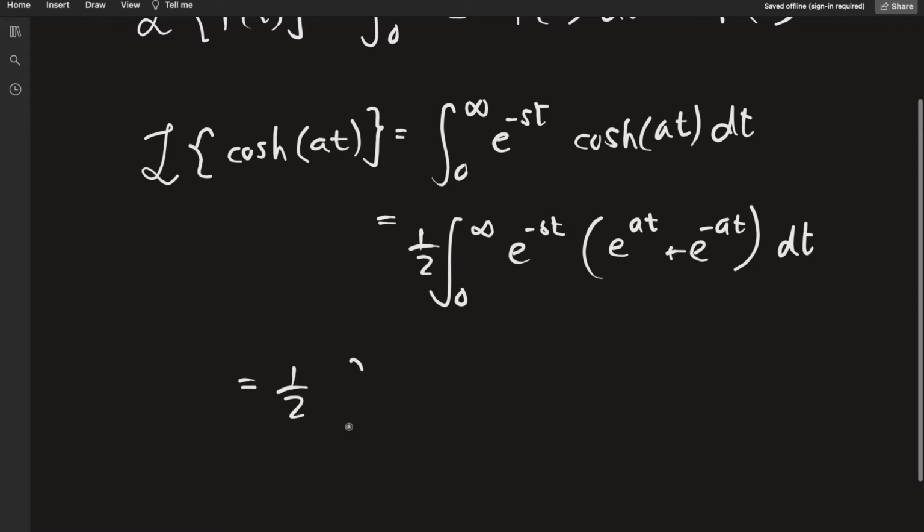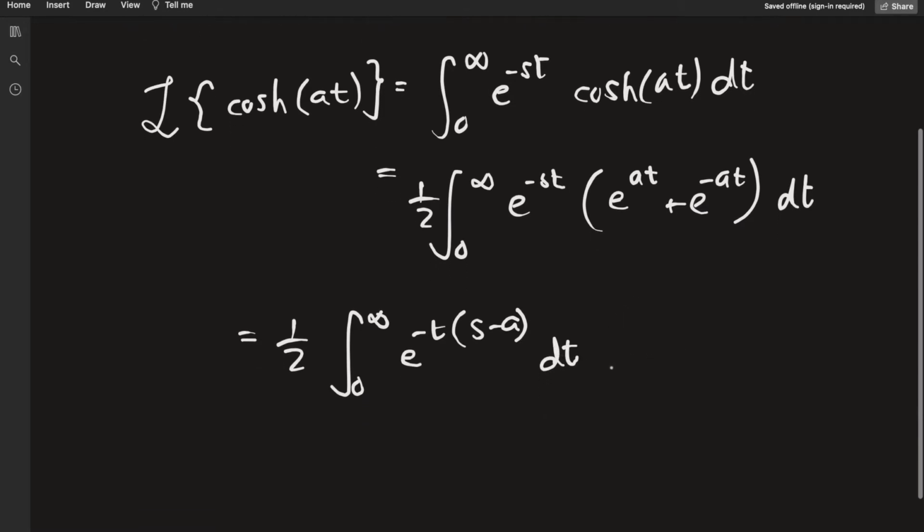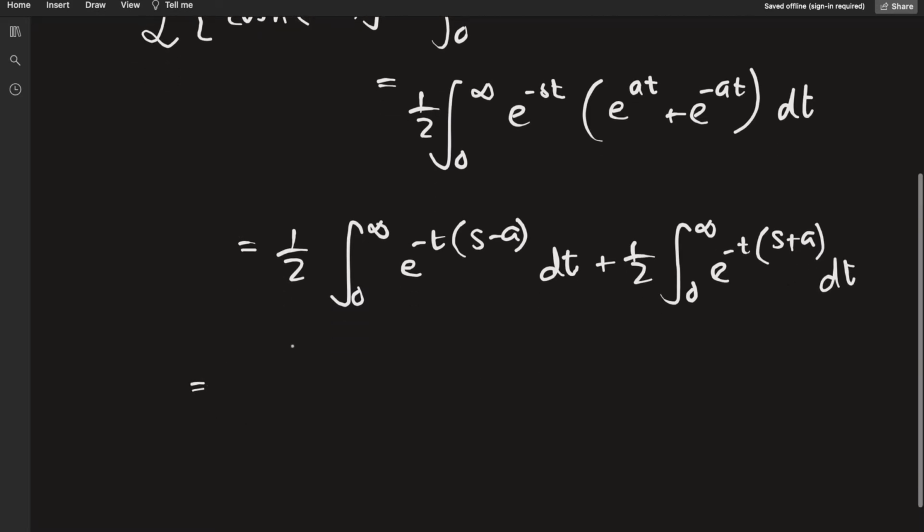So we have 1/2 integral from 0 to infinity e raised to negative t s minus a dt plus 1/2 integral from 0 to infinity e raised to negative t s plus a dt. I'm just using basic properties of exponents.